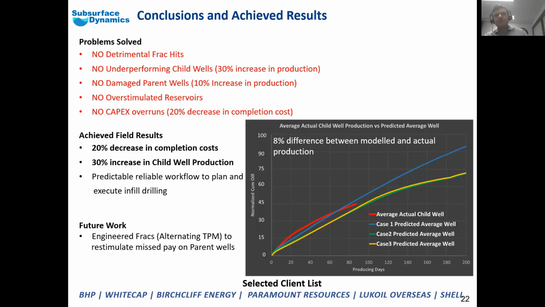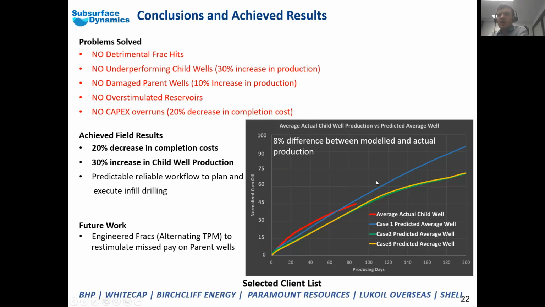And a lot of people ask how accurate those workflows are. Basically, it all depends on how much effort and how much time you want to spend modeling those processes and modeling your reservoir along with your completion designs and the dynamic simulation or production simulation.